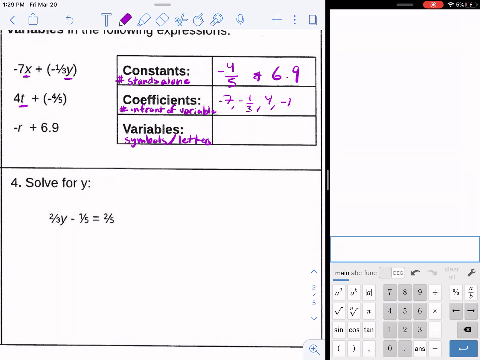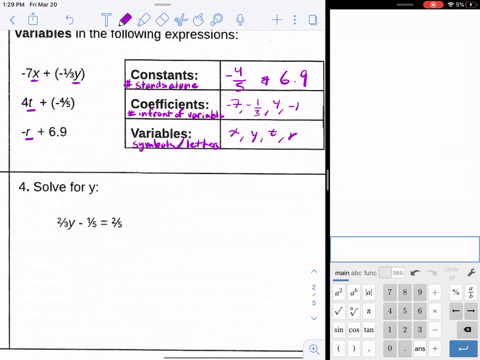So the variables, I have an x, a y, a t, and an r. And there we are. The constants, the numbers that stand alone, are -4/5 and 6.9. The coefficients are the numbers in front of the variables, and we got those four. And the variables themselves are just the unknown values.